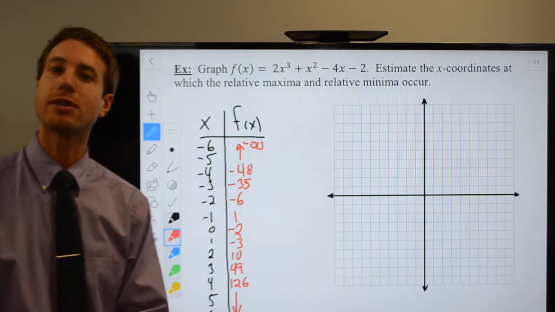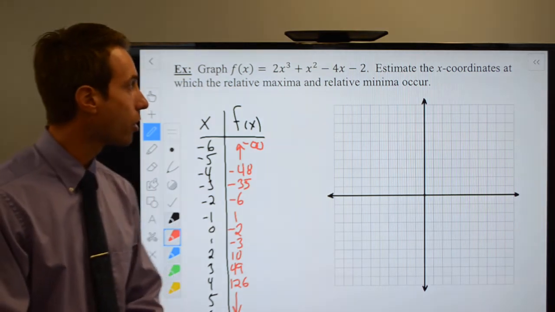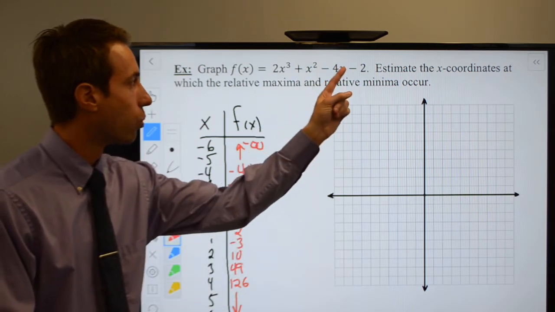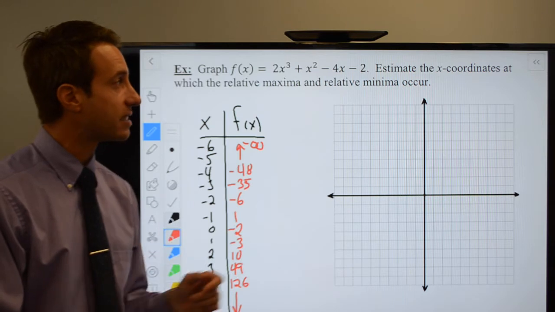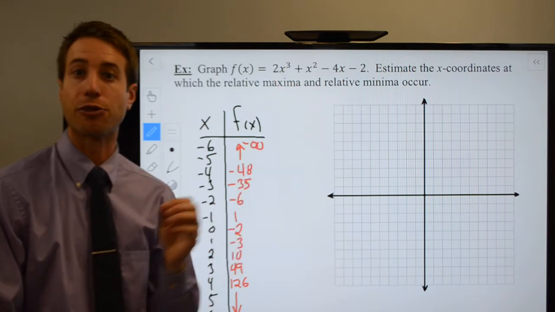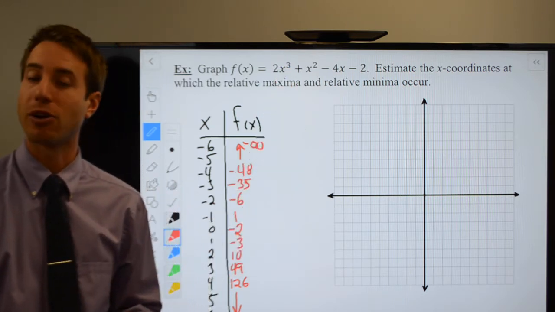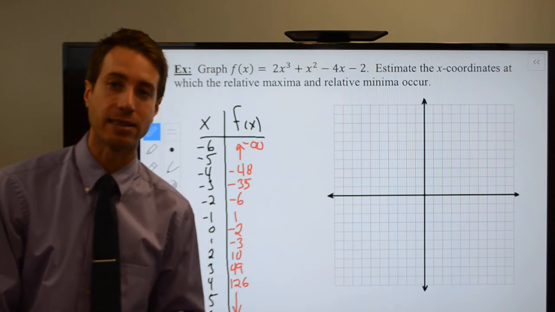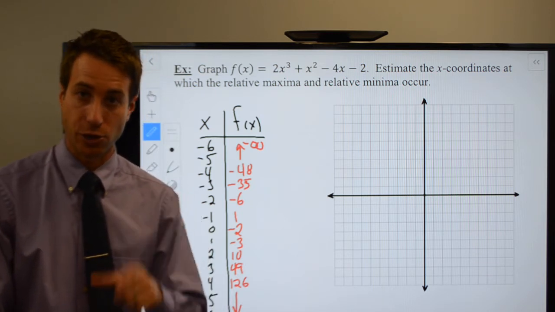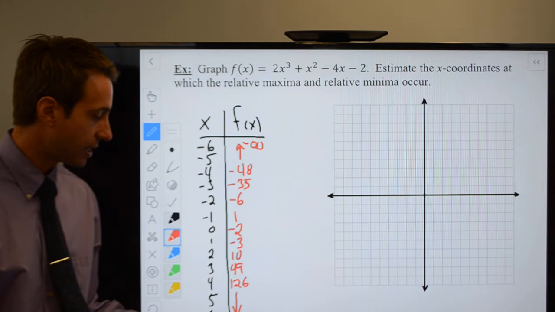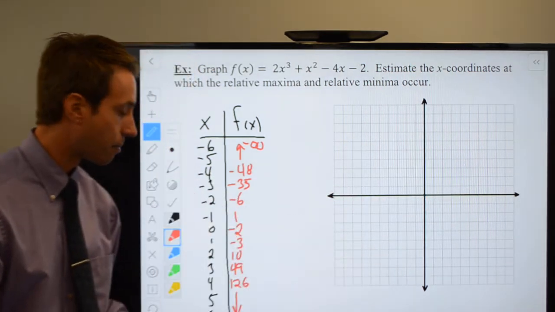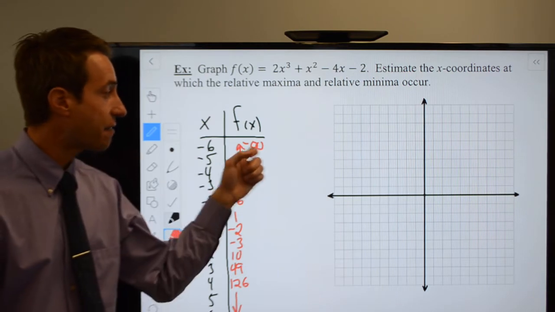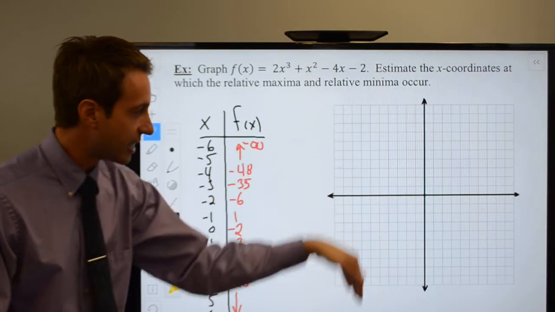Now let's check to make sure that that makes sense. My polynomial, 3, 2, 1, 0. It's already in standard form. That means the degree of the polynomial is a 3. That is an odd number, and I know that my ends have to go in opposite directions, which is exactly what I see here. This end, the right-hand side, is headed to positive infinity. The left-hand side, as I come this way, is headed to negative infinity.